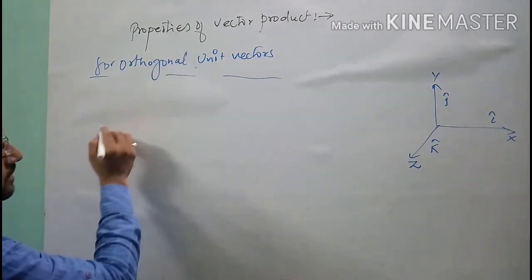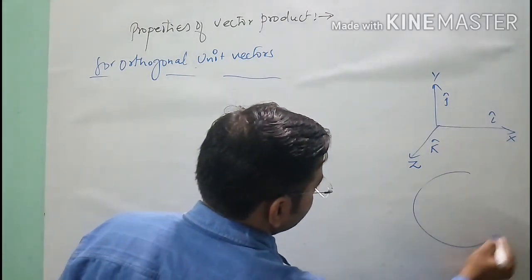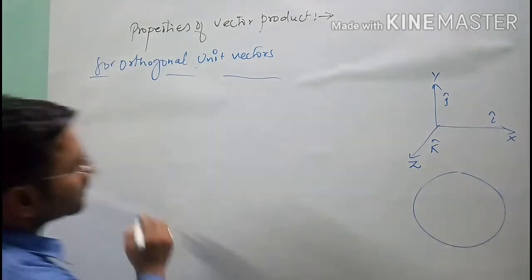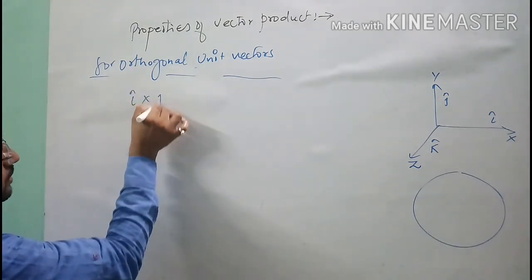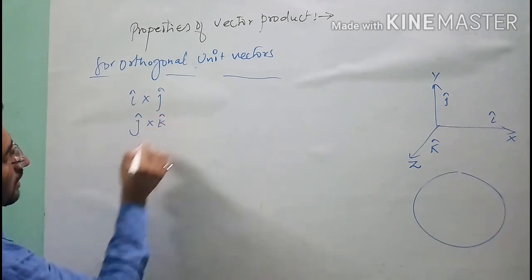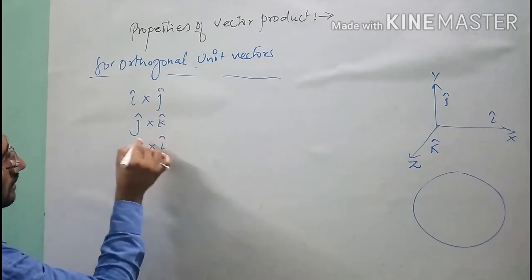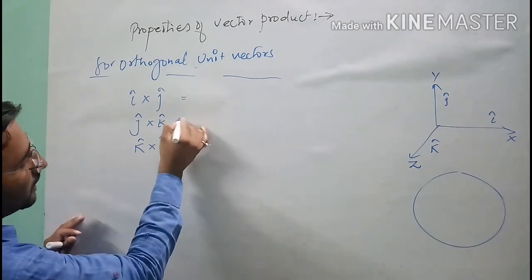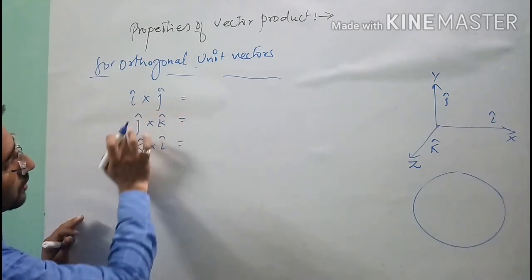So see here, student, we think about the cross product of these orthogonal vectors like i cross j and j cross k and k cross i. So we will see what comes if we do their cross product.